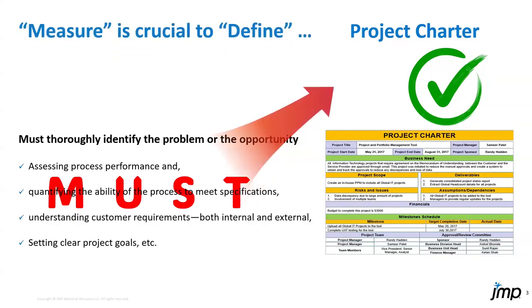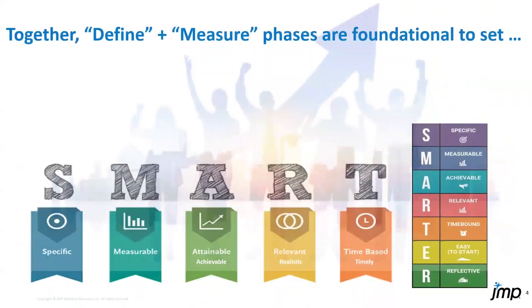That's why I say measure is very crucial for us to define the project charter. So together, define and measure phases are fundamental for us to set our SMART or SMARTER goal for any project, especially for our Six Sigma project. Define and measure are not to be done separately. They are done together, right?